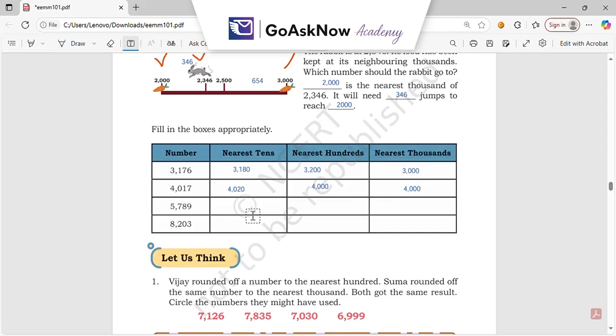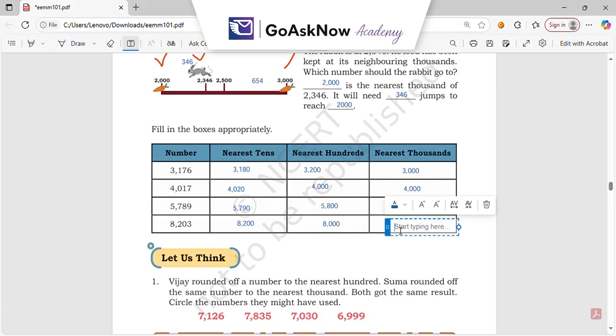Next, 5789. 89 is greater, so 5790. Next, 5800, which is a greater value, so we are going with 6000. Now 80,203. Here 3 is less, so we are going with 80,200. 200 is lesser, so 80,000.